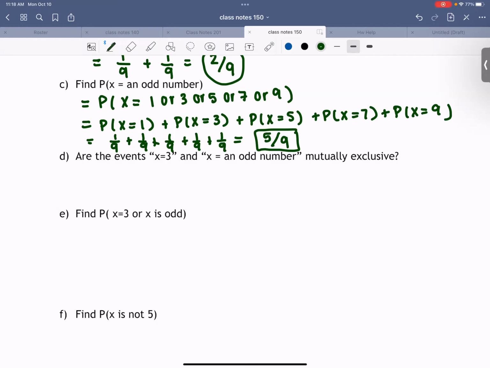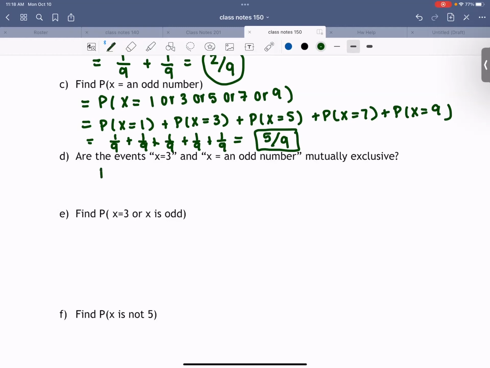Who says mutually exclusive? Who says not mutually exclusive? Okay, who wants to explain? Alan? Yeah, right, 3 is an odd number. So if I picked 3, it would both be 3 and an odd number, right?